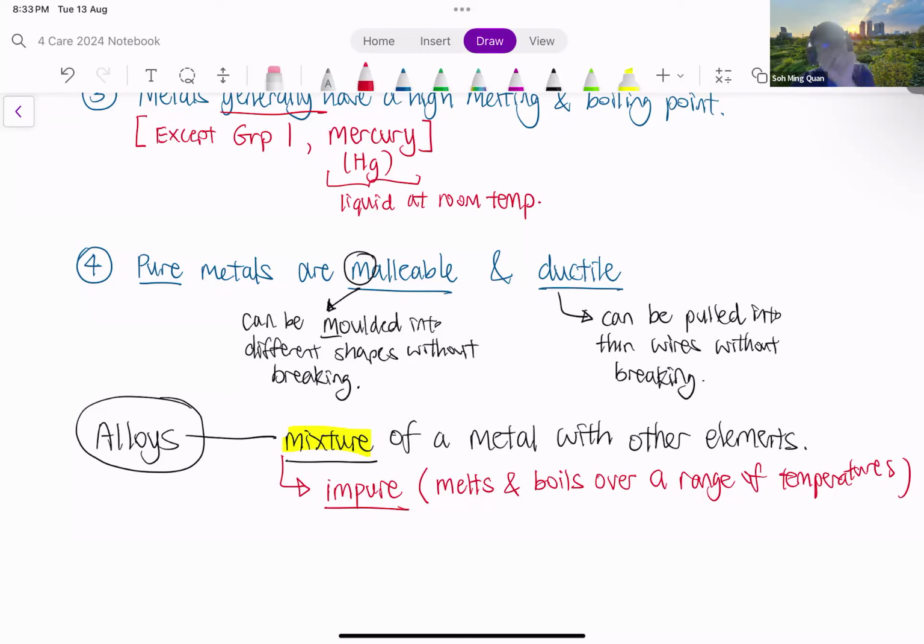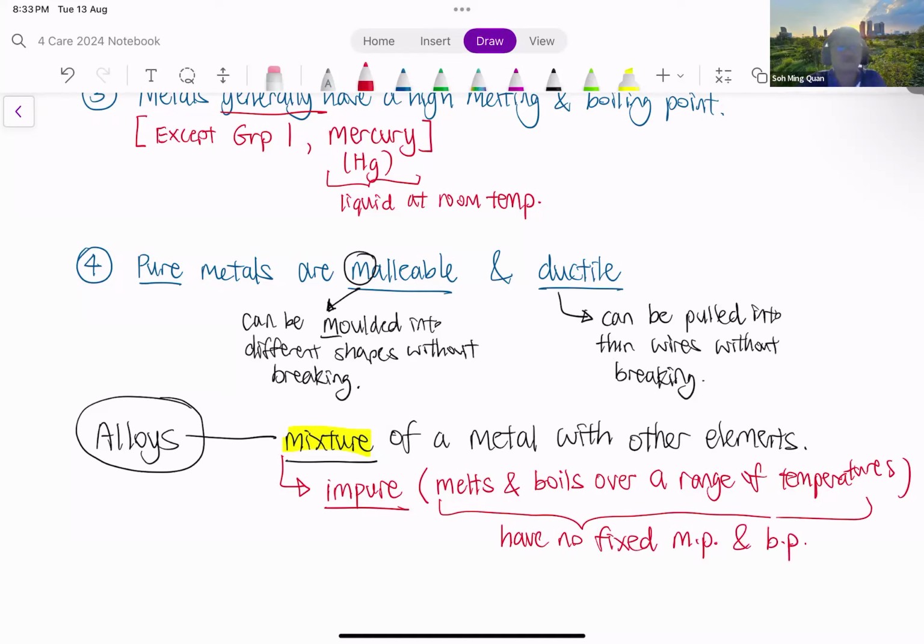The melting takes place over a range of temperature values. Now, this is a telltale indicative proof that this substance is impure, because pure substances should have a fixed melting and fixed boiling point. So mixtures have no fixed melting point and boiling point.